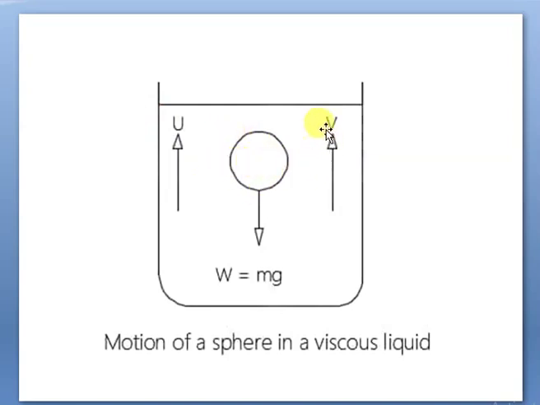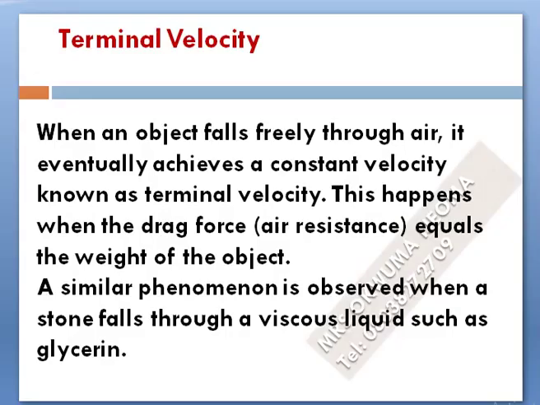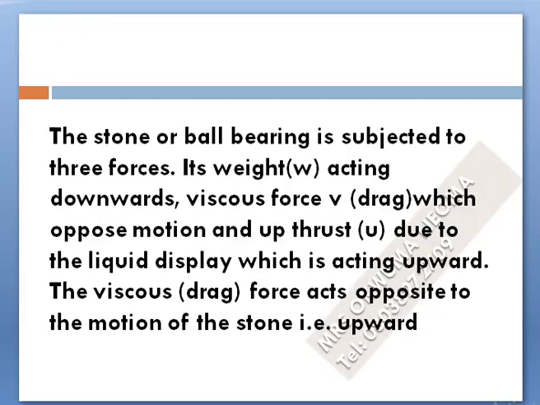Now we have this one, which is the viscous drag. It is a force that acts opposite to the motion of the stone. As the motion of the stone is moving downward, this viscous force or viscous drag is moving upward. So the motion of a stone in a viscous liquid experiences three forces.